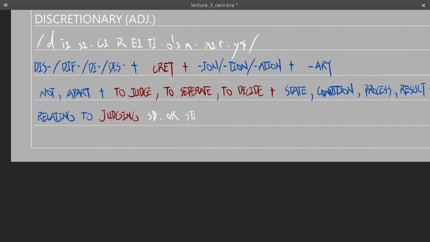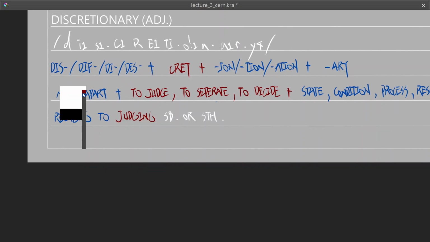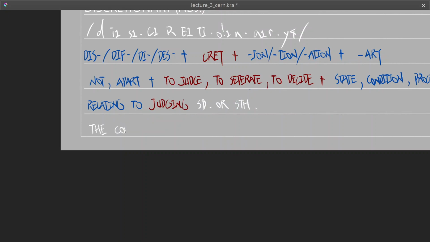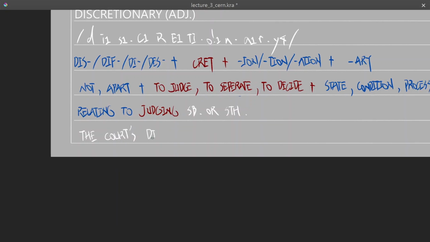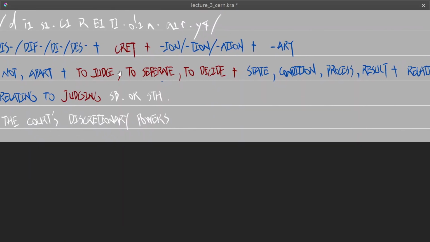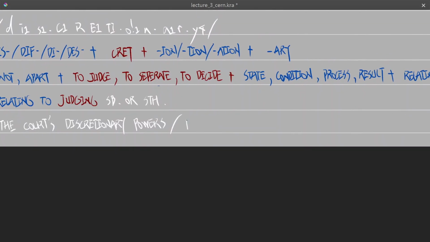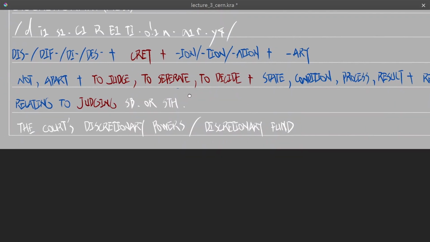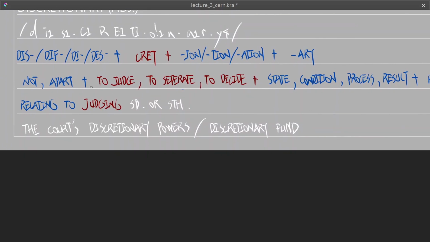For example, we have discretionary powers, or we may have a discretionary fund. A discretionary fund is money someone receives, given by someone in authority.